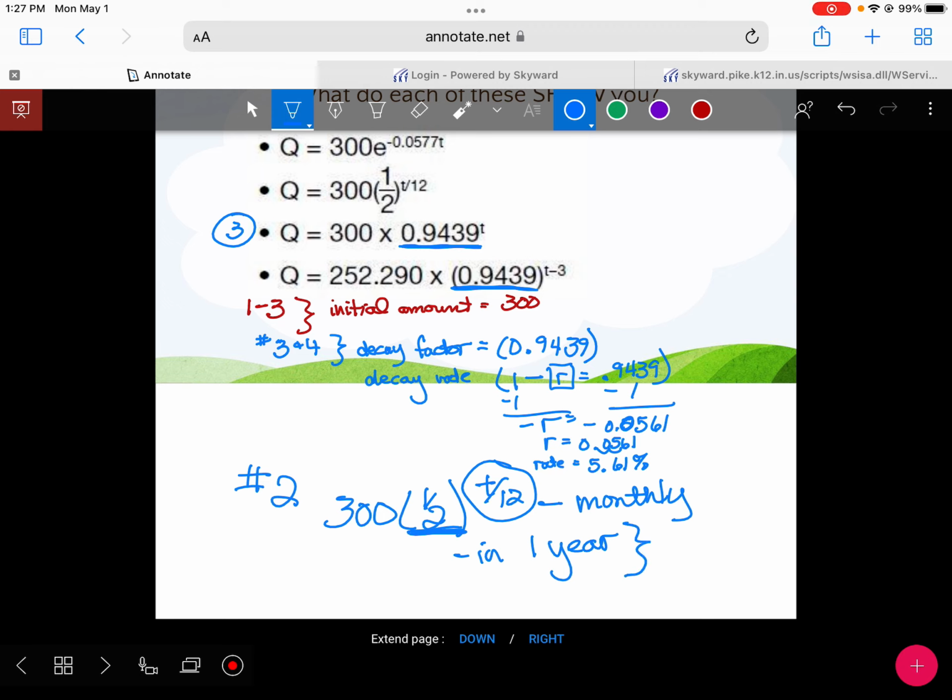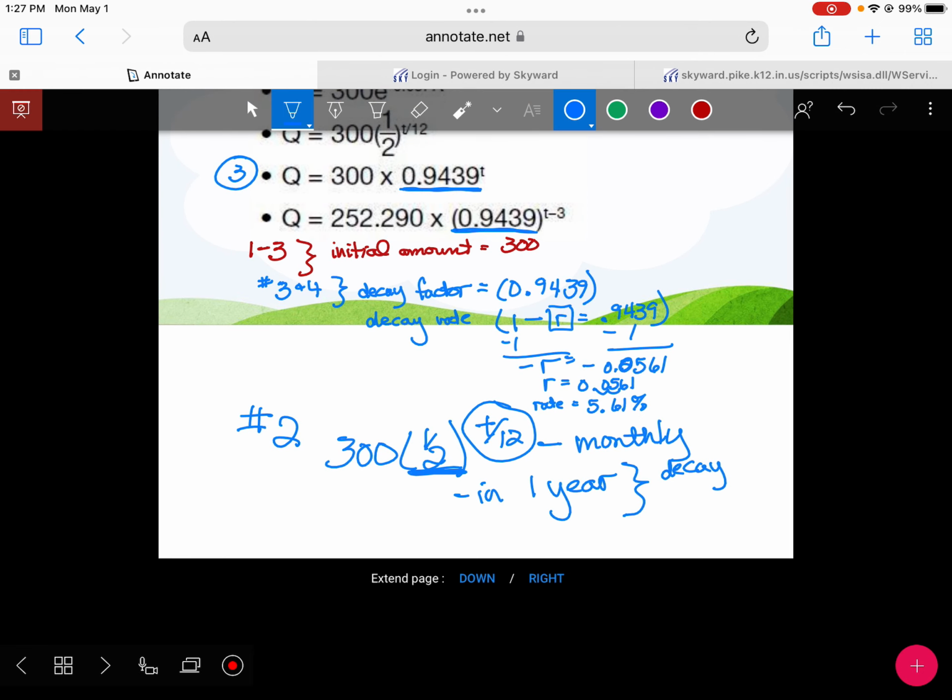This is radioactive, so it is decaying. So in 1 year, that's the decay factor. I can't do a problem like this on a test. Remember, it's a project.